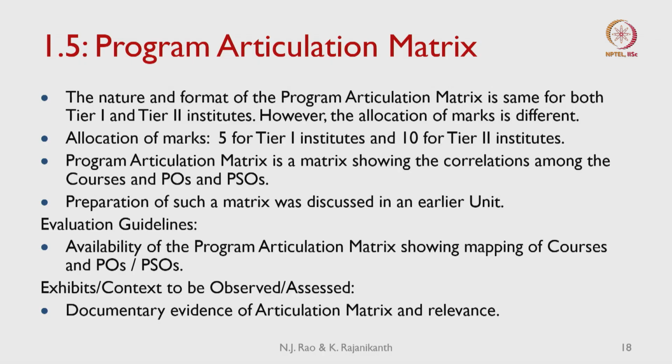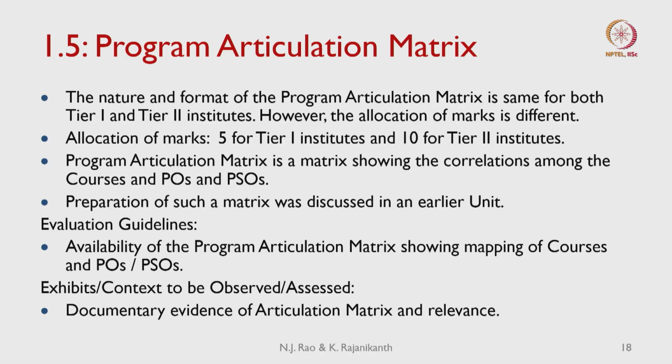This is a kind of a very giant snapshot of the entire curriculum. What the students go through in 4 years of the undergraduate engineering program is captured in one single frame, which is the program articulation matrix. So, it shows the correlations among the courses.